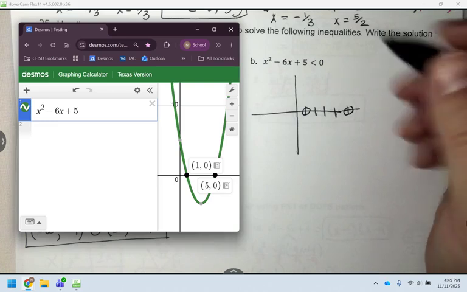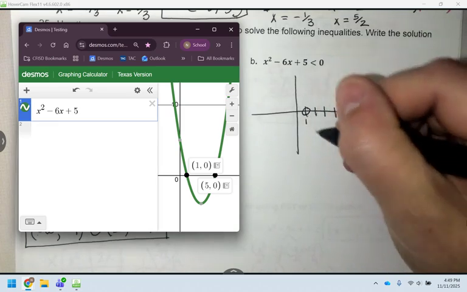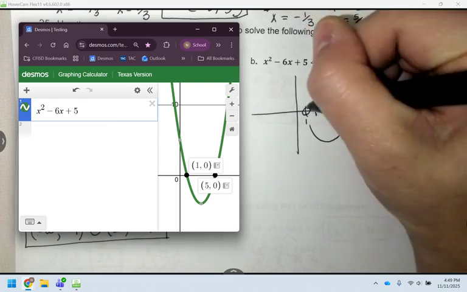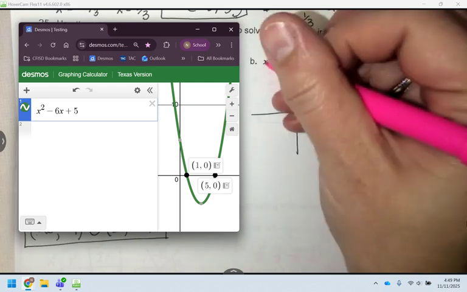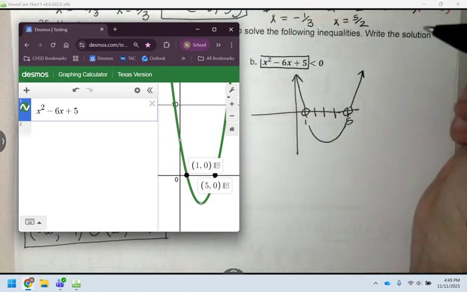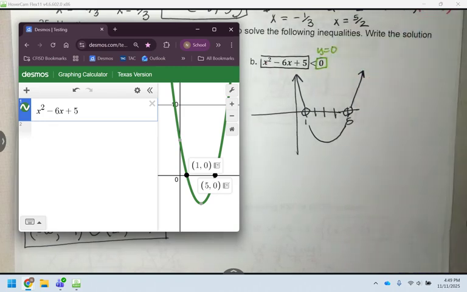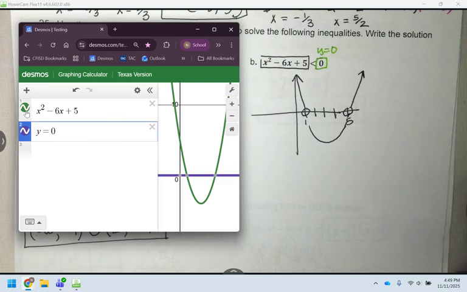And this one is pointing up at 1 and at 5. Okay. And I guess I'll just, in black is the parabola. And then this one here is what we're going to be comparing it to. So y equals 0. So we did the parabola in black.